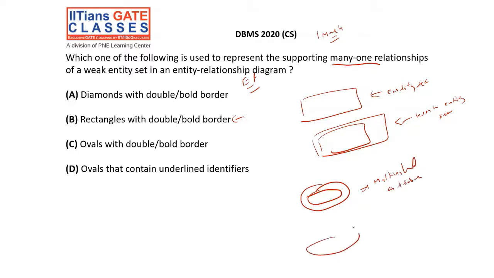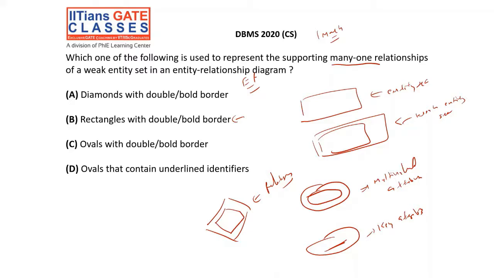And oval with underline, this is an attribute which is a key attribute, right? The first one, the diamond with double border, this represents a relationship. Your diamond represents a relationship, right?